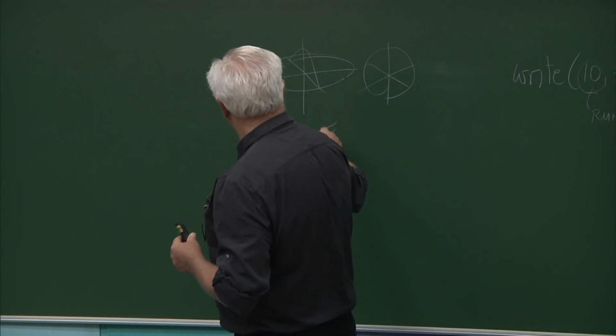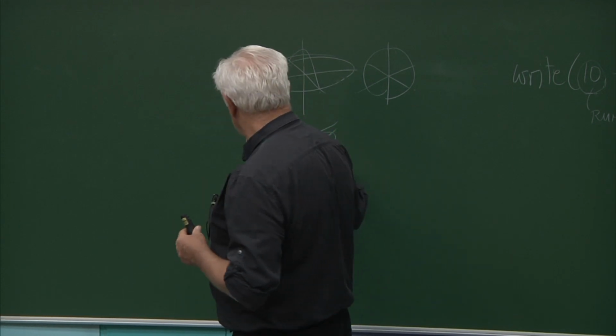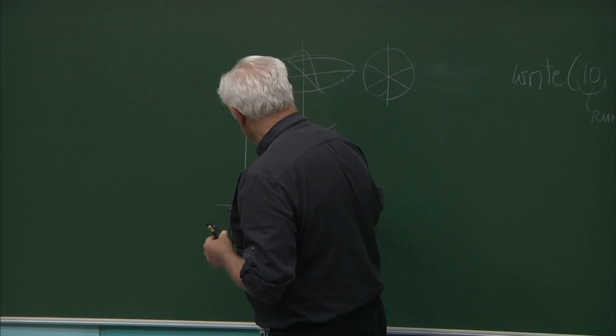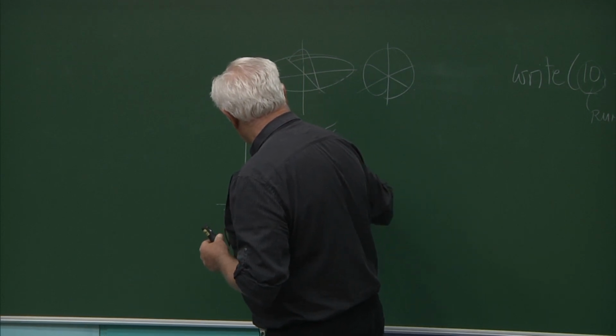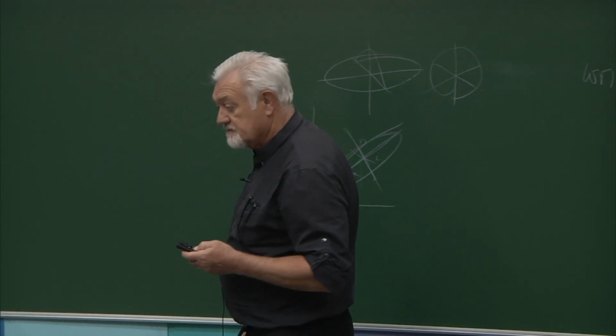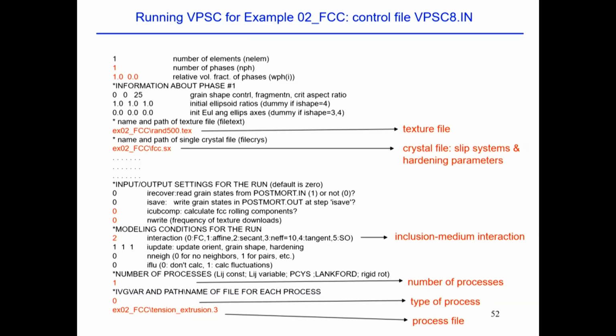So you give the Euler angles of the ellipsoid, and you also tell what is the eccentricity of the ellipsoid, that is, the length of the axes A, B, and C. For the moment we are not going to play with that, but you are very welcome to play with those things, and we can discuss results.